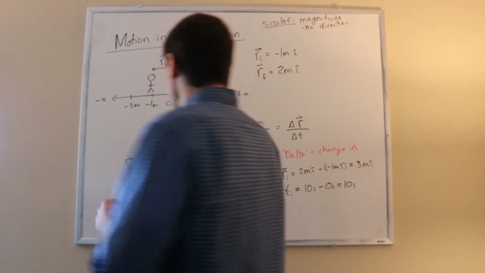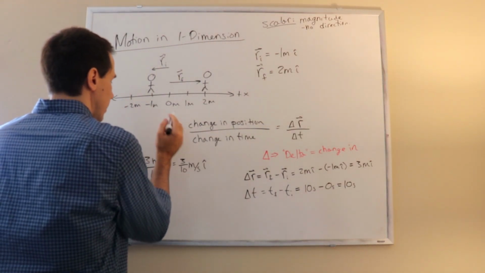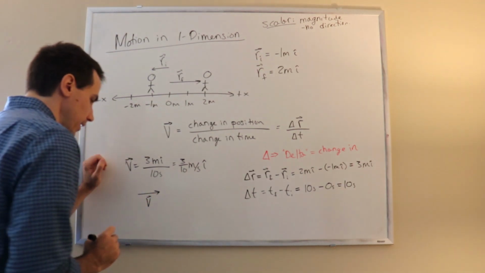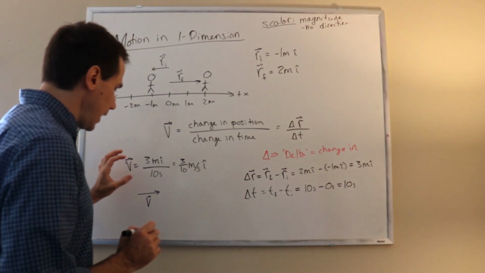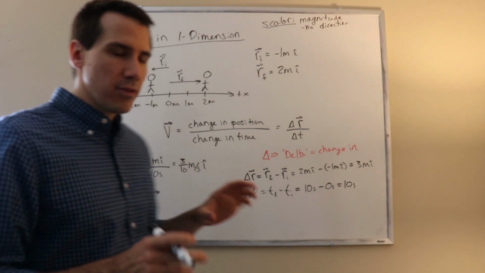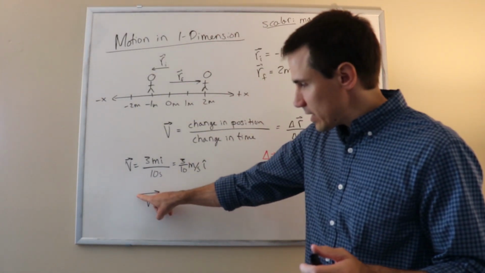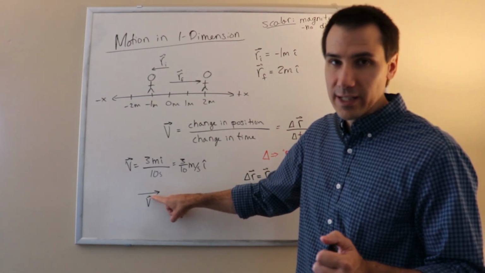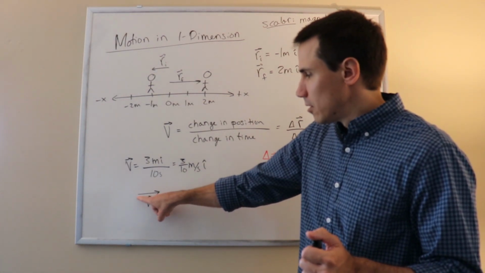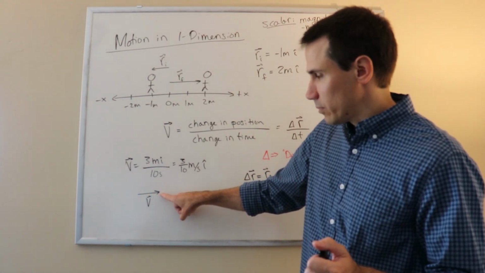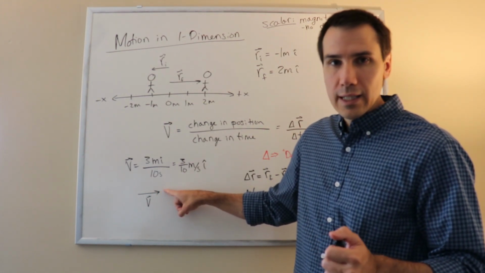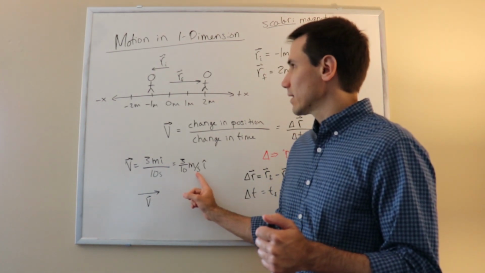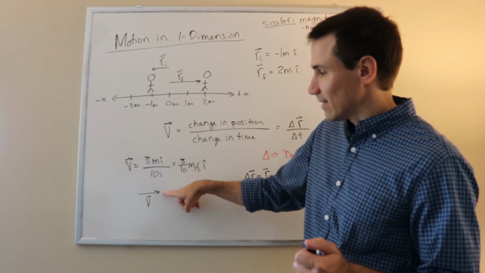So I would draw my velocity vector as being to the right. And again, notice that the arrow above the V doesn't indicate direction at all, but my velocity vector itself points to the right, and this has units of meters per second, so I can't really compare its length.